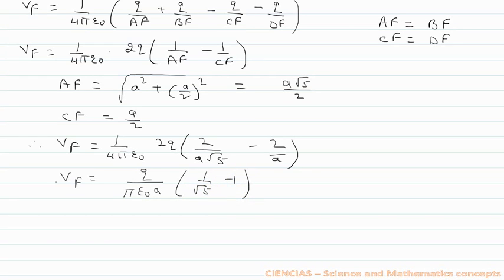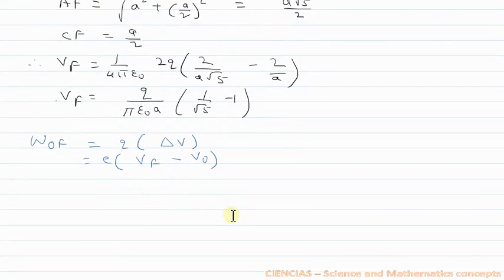Now we find out work done in carrying charge from O to F, that is equal to charge into potential difference, that is equal to e times (potential at F minus potential at O). We know that potential at O is 0, so this is equal to e times q upon pi epsilon 0 a (1 upon root 5 minus 1).